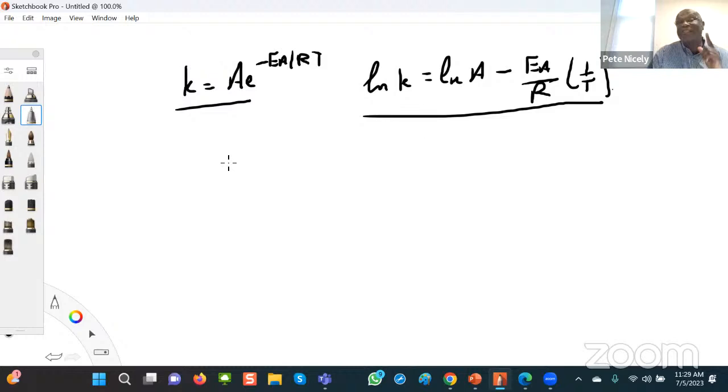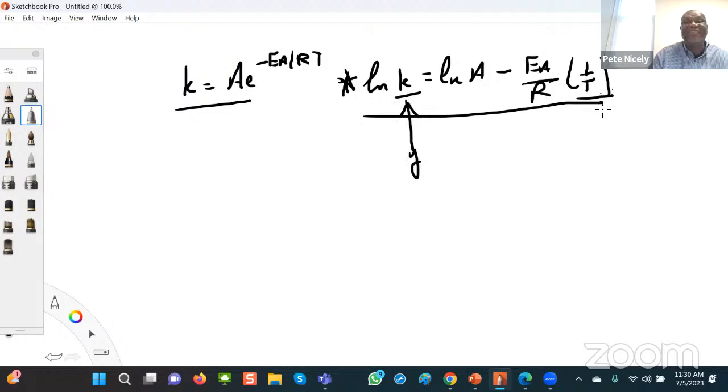There's yet a third way of expressing this relationship, but before I move on to that, there's something I need to mention about this particular way of expressing it. This equation is very useful because if you carry out experiments where you can get different values of K for different values of T, then if you plot ln K versus 1 over T, you're going to get a straight line graph. ln K will be plotted on the y-axis.